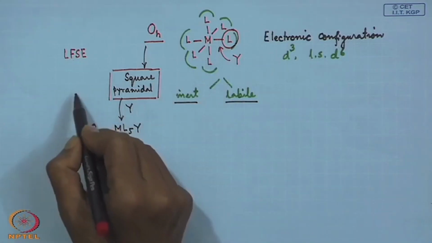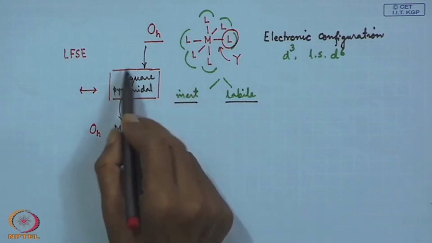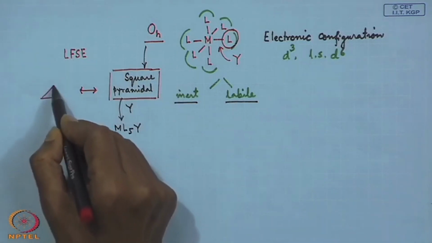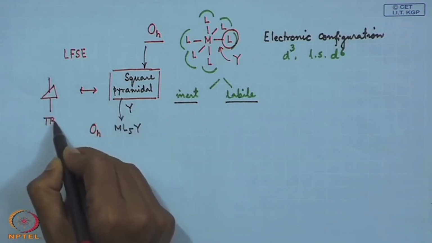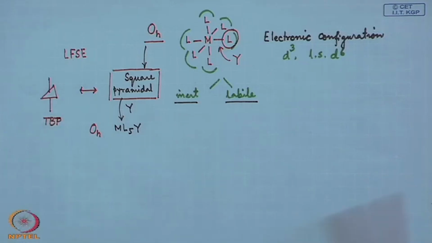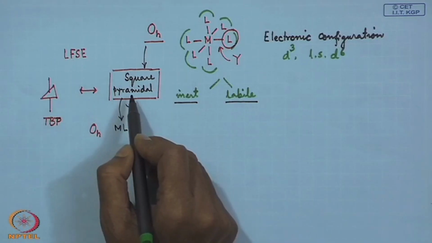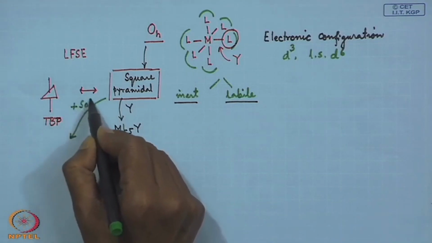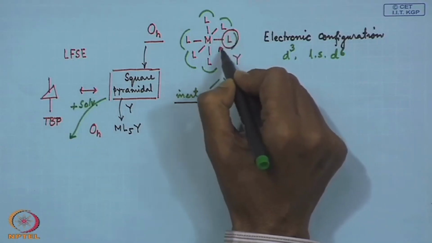And we should also concentrate our attention on whether this square pyramidal one is getting stabilized, because it can immediately go from a square pyramidal one to a trigonal bipyramidal geometry or TBP geometry, which has a different LFSE value compared to that of our square pyramidal geometry, or the same square pyramidal geometry can accept one solvent molecule at this particular position, which gives rise to the vacancy.